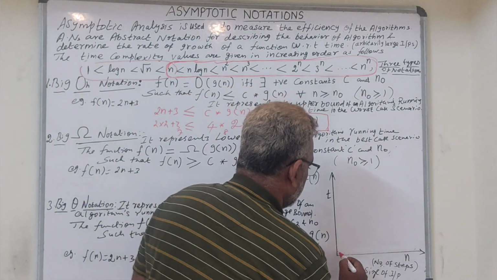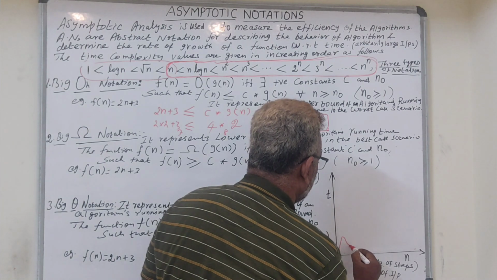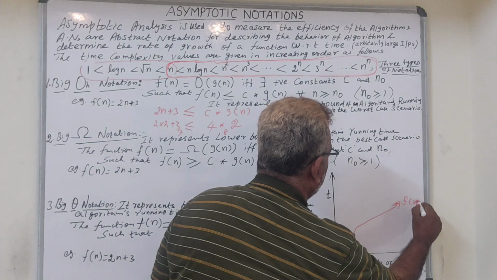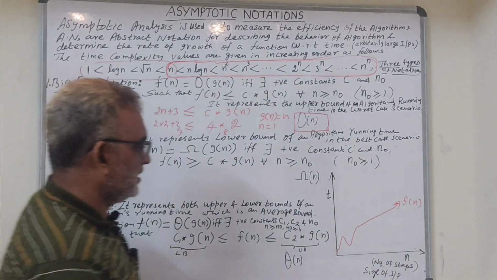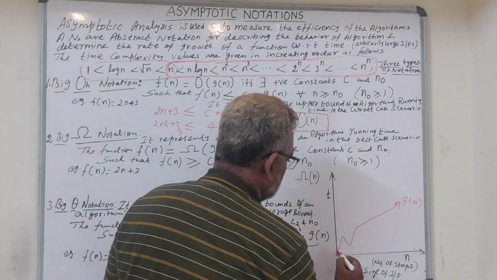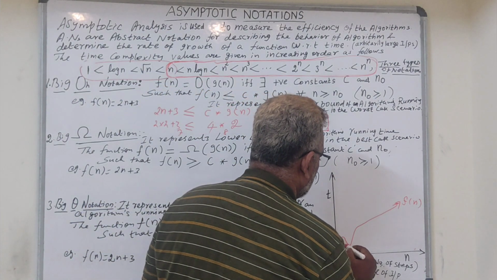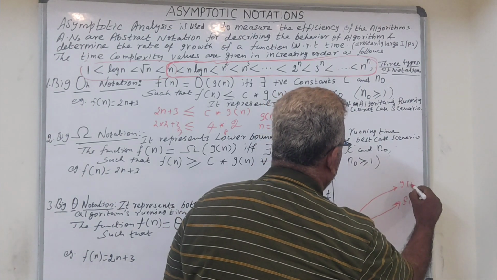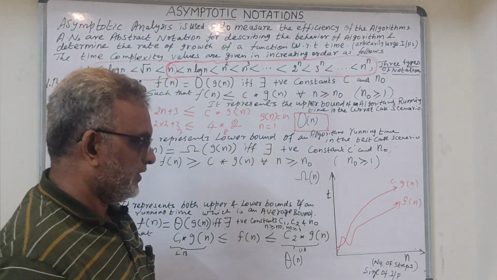Let us consider it in the graph. So this is our function, that is f of n, and we have this upper bound function, let us consider it is g of n. So in this case it is c into g of n.